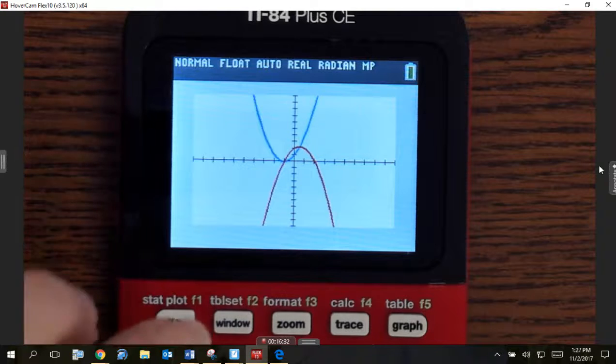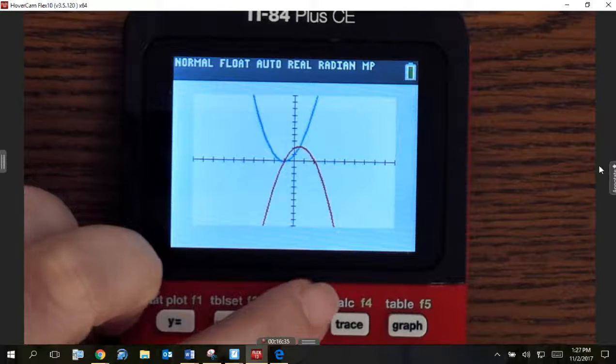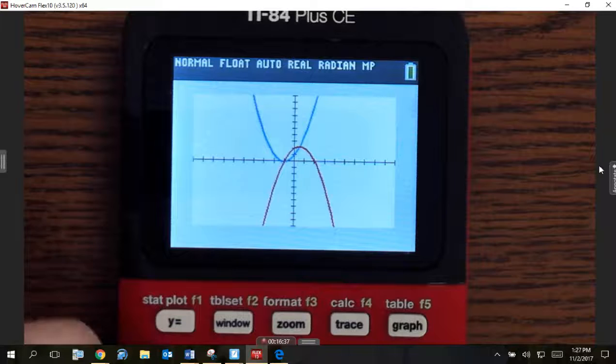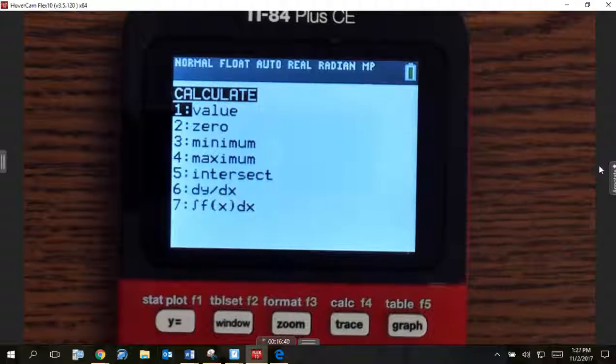Okay. I'm going to go to my calculate button up by the graph, and I'm going to do second trace, and I'm going to look at the choices. Sorry.